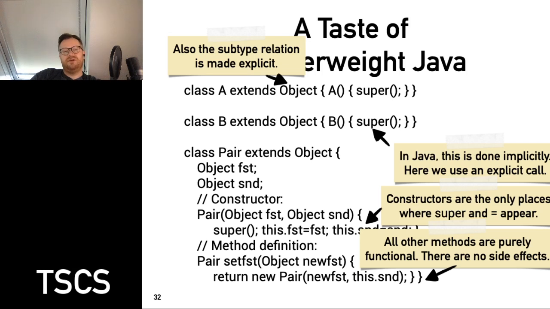It is purely functional, so we do not have references to work with. That's something that we may actually have a good use for, but as you've seen, references and side effects make all typing a little bit more complex. The authors of Featherweight Java have left that out. As you can see, these methods are purely functional, and they return just a new object with the change. It's a new object that you get.